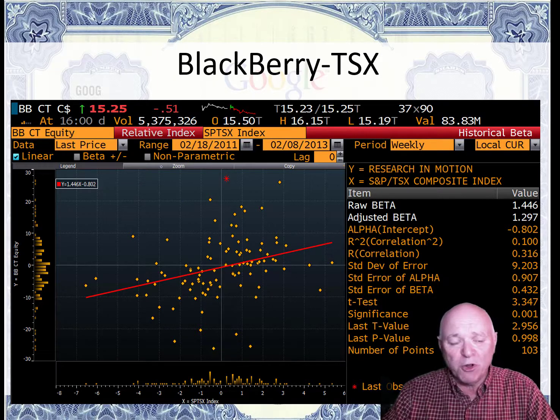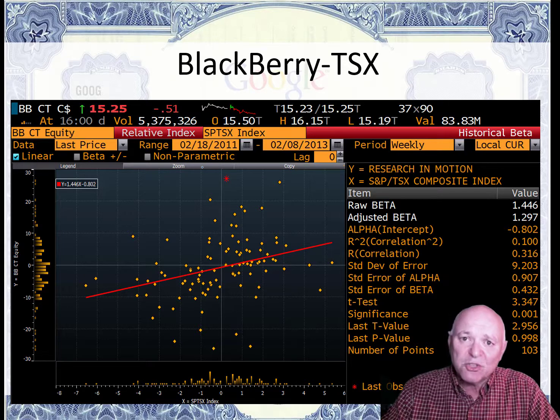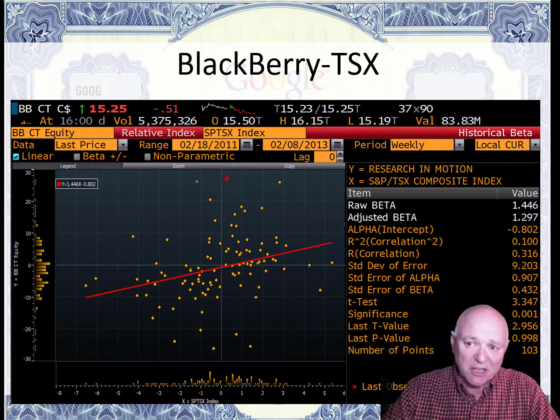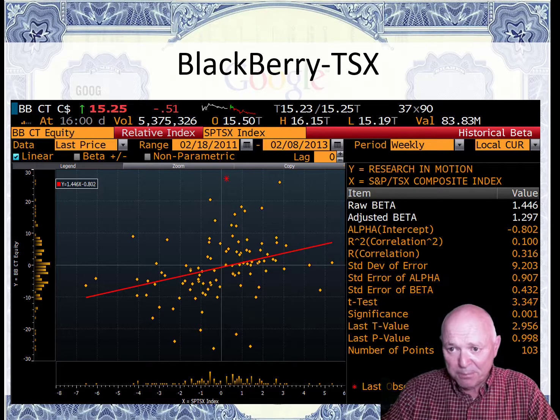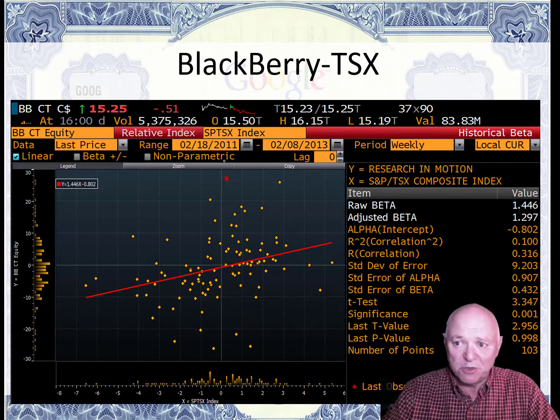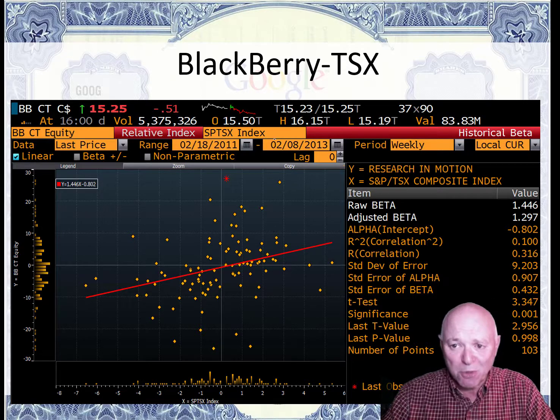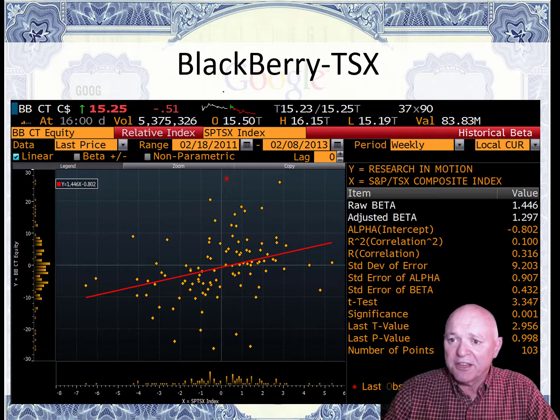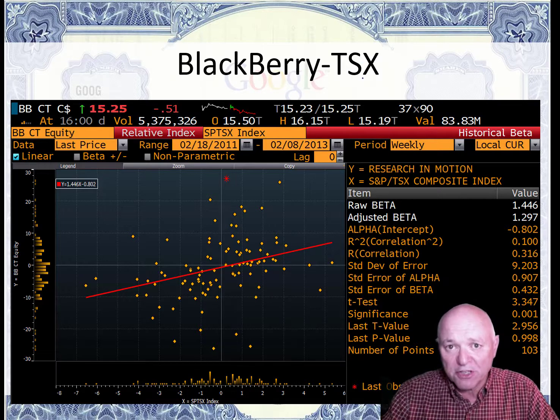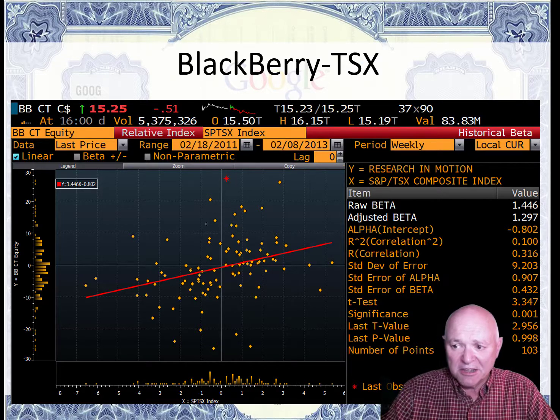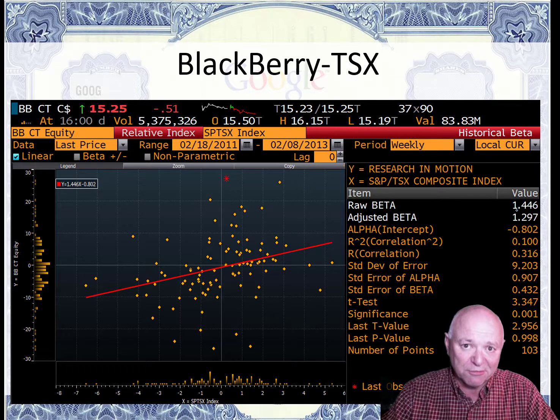But one thing I wanted to point out was that you can also have different betas depending on the index. For this particular company, BlackBerry, which used to be referred to as Research in Motion, and produces the BlackBerry software and used to produce the cell phones, if we are looking at them relative to the Toronto Stock Exchange, we see that they have got a calculated beta of about 1.45.